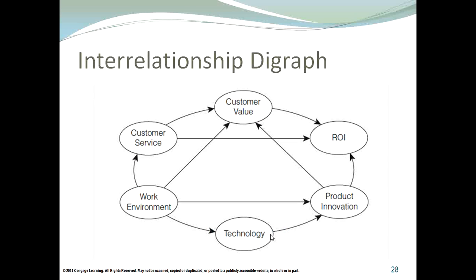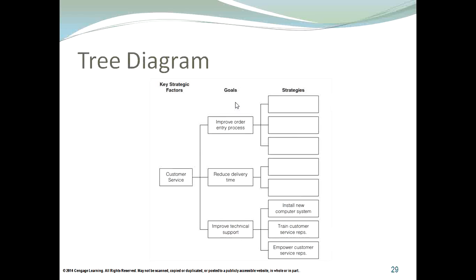And you must all have a clear indication of the interrelation diagram, that is between customer service, work environment, production, ROI, and customer value, and how it takes in those important areas of work environment, product innovation, and customer value.